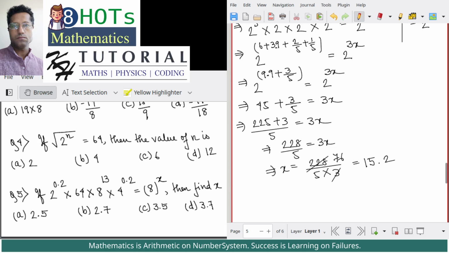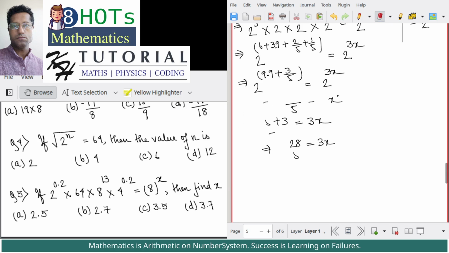Okay, so now we have, if we equate the powers, we have 9.9 plus 3 by 5 is equal to 3x. Now 9.9 is fine, 3 by 5 is 0.6 is equal to 3x.